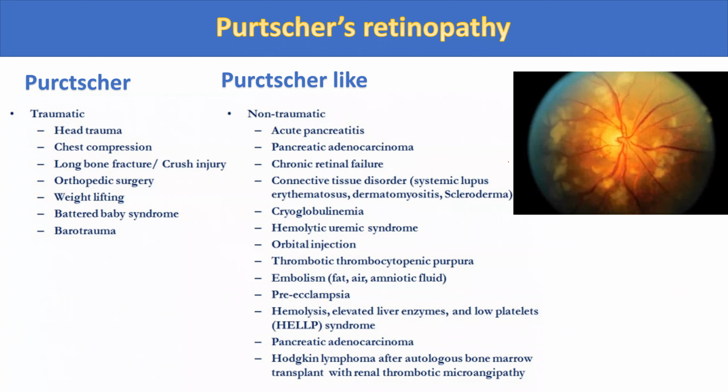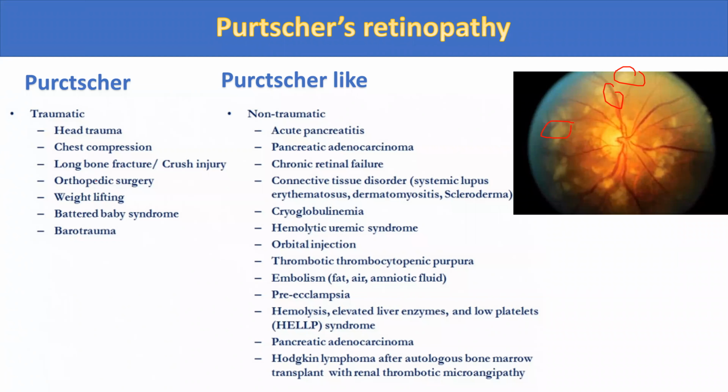This head trauma showed ischemia in the retina in the form of multiple cotton wool spots. So the presence of diffuse multiple cotton wool spots secondary to trauma, either head trauma or chest compression, is called Purtscher retinopathy.